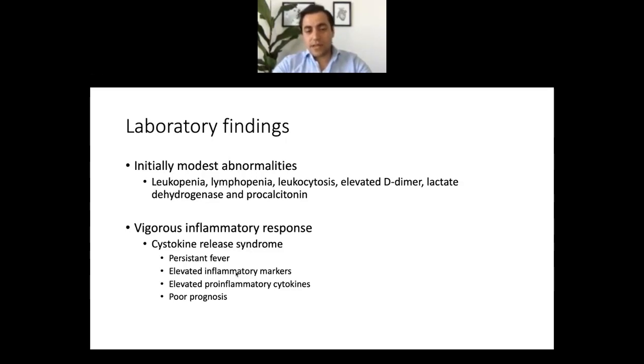This can be due to pulmonary embolism, and this is really common in COVID-19 patients, more common than in other ARDS-type diseases. Some patients develop a vigorous inflammatory response, which can mimic cytokine release syndrome with persistent fevers and elevated inflammatory markers, and this has a poor prognosis for the patient.